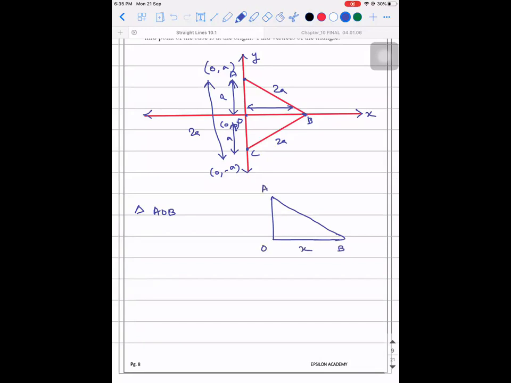This distance, if I call it x, this distance is a, and this distance is 2a. So x squared plus a squared is equal to 4a squared. Then what is the value of x? x is root 3 a. So what will be the coordinate of this point? Root 3 a, 0.